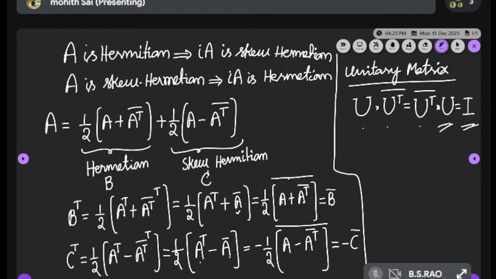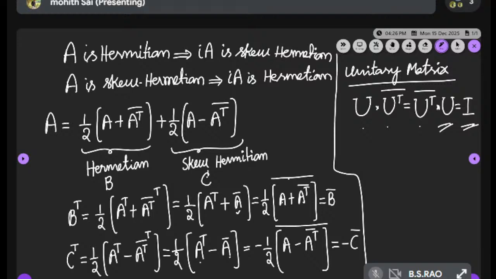That you have to remember. I is identity or unit, not unitary. U is unitary. U is a complex matrix.